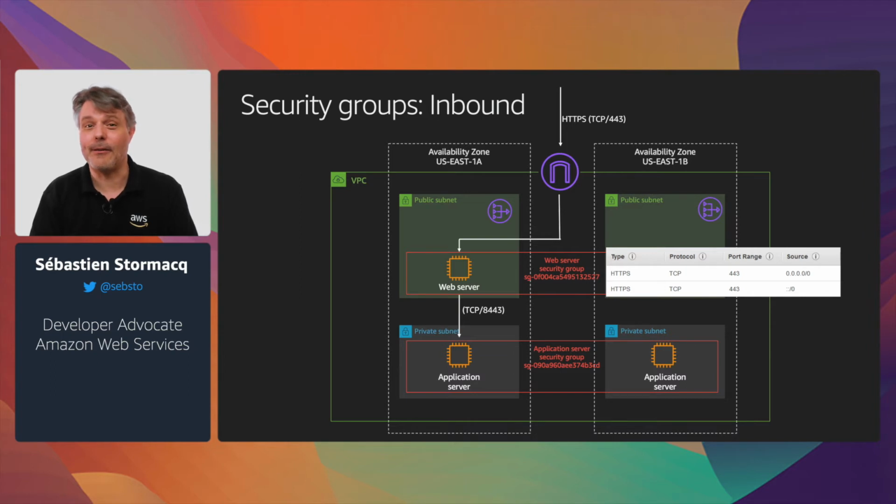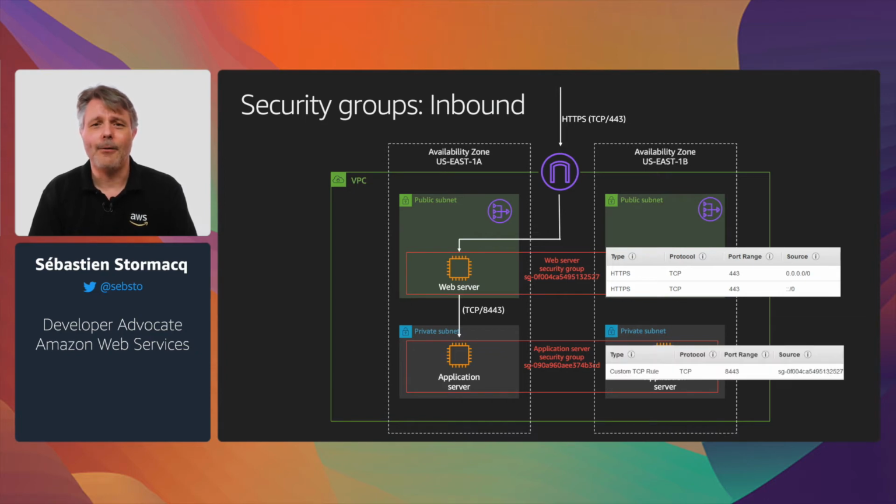So for my web server, by definition, a web server should be available for anybody on the internet. So I will authorize any SSL connection 443 coming from 0.0.0.0/0 or the equivalent in IPv6. So anybody can connect to my web server. For the application server, I have to create a rule that explicitly authorizes 8443, the port of the application server, because otherwise no connection will be authorized to the application server. And look at the source there.